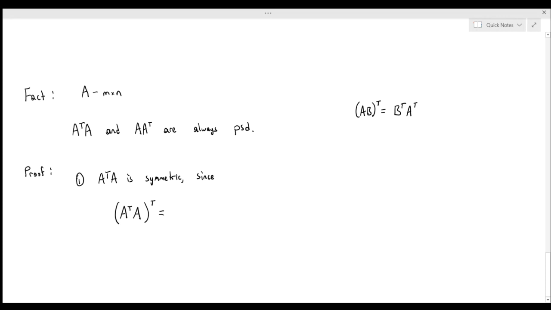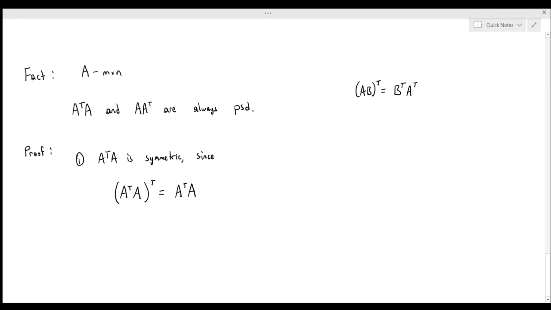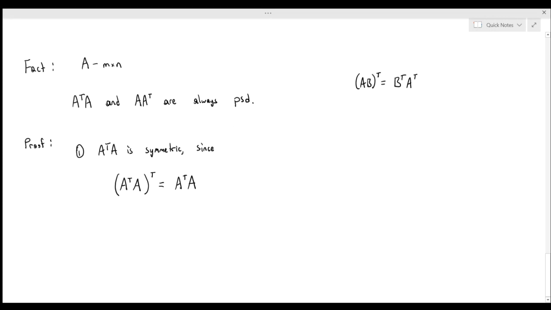If I apply that rule to A transpose A, we'll have A transpose first, and then A transpose transposed second. And of course, A transpose transposed is just the original A. So this shows that the transpose of A transpose A is itself, and that proves it is a symmetric matrix.